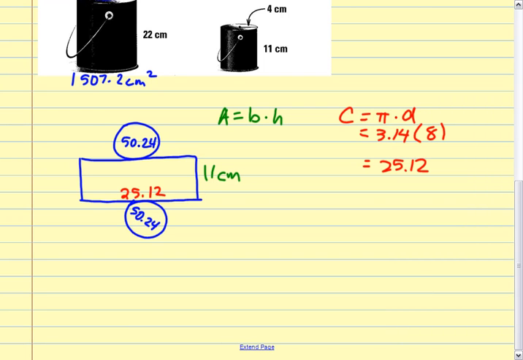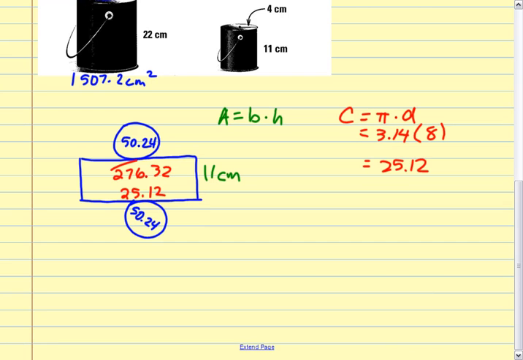Who wants to give me the area of that rectangle? Thanks, David. What is it? Yes, sir? Okay. 276.32? Got it.